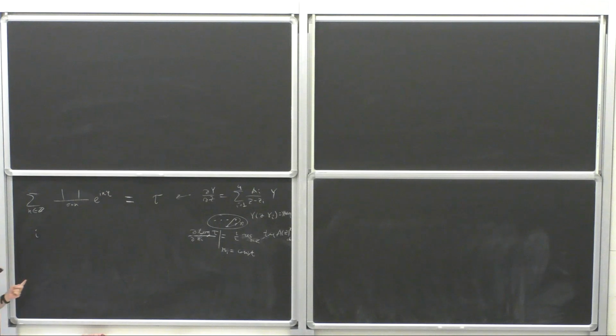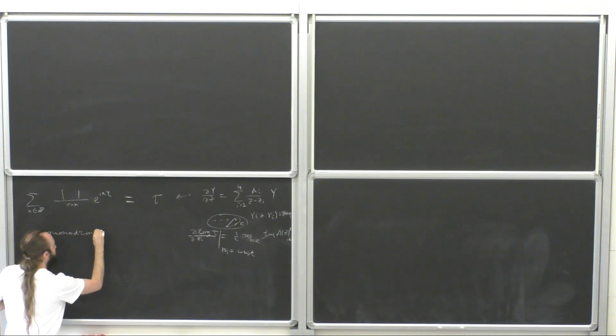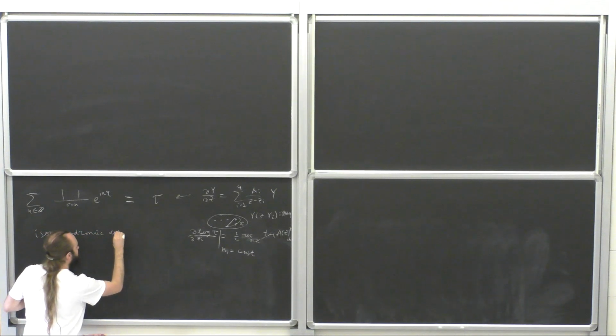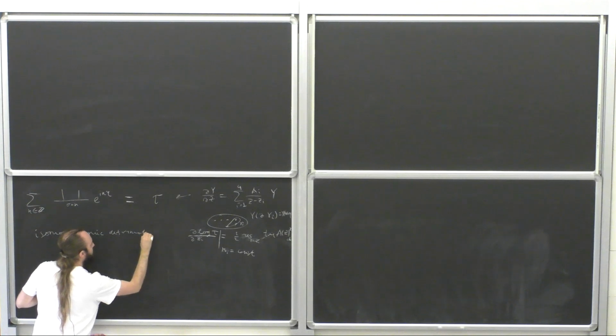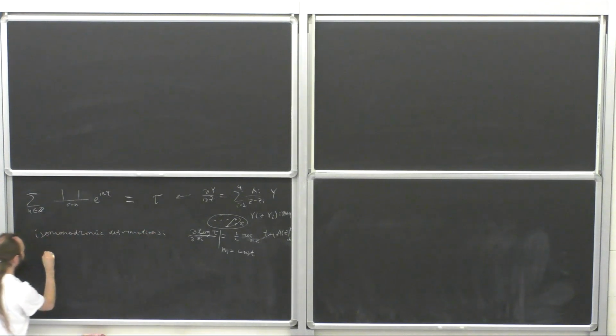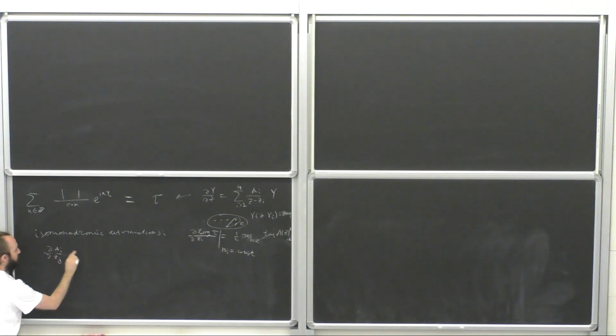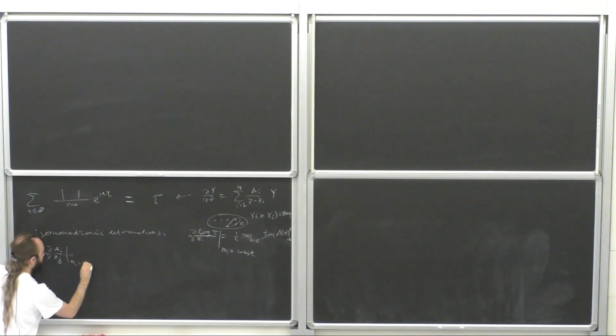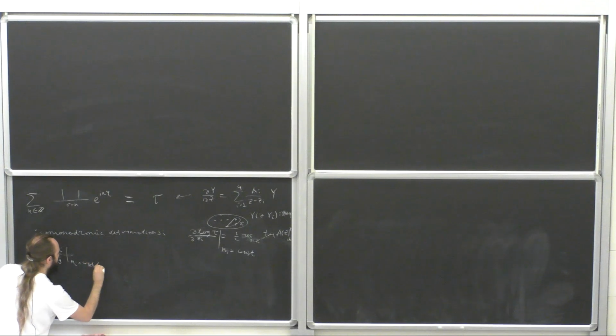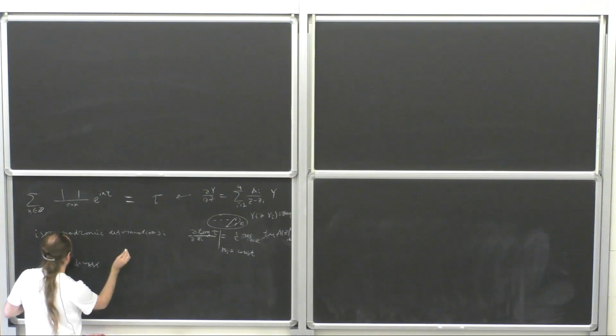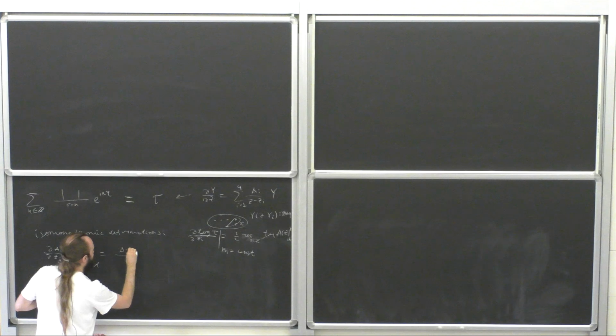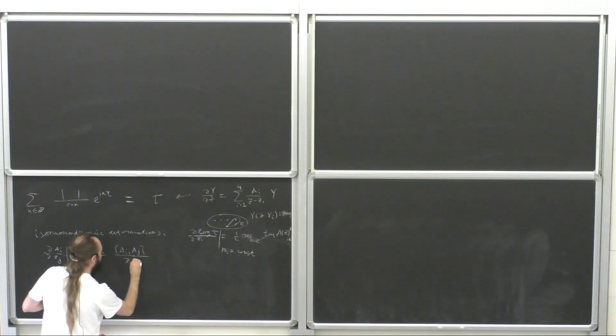And this is what is called the equations of isomonodromic deformations: dA_i over dz_j with fixed monodromies equals the commutator of A_i and A_j over z_i minus z_j.